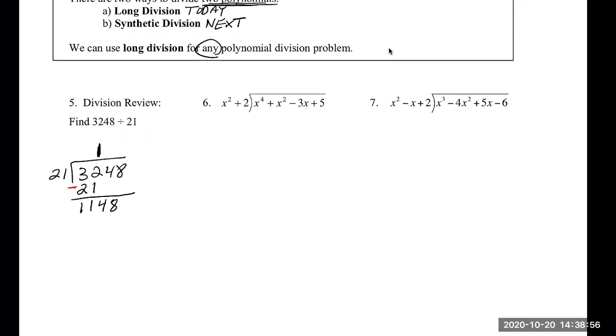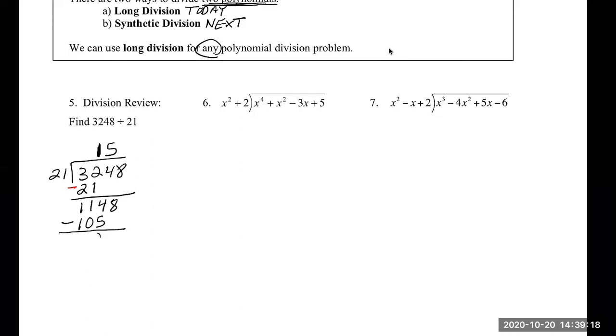And then how many times does 21 go into 11? Nothing, but 21 goes into 114 5 times. So 5 times 21 is 105.